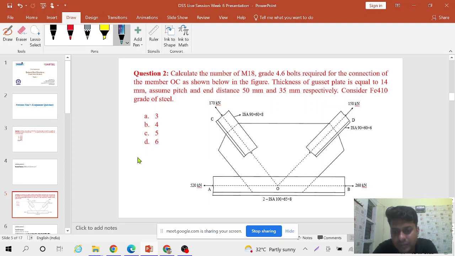Here it is double shear for member AB, because one angle is connected to the gusset plate and another angle is also connected to the gusset plate, so two shear planes. Fantastic, Shivam. Please calculate the value of single shear capacity for member OC and report the answer.